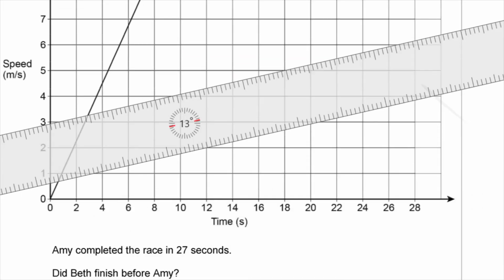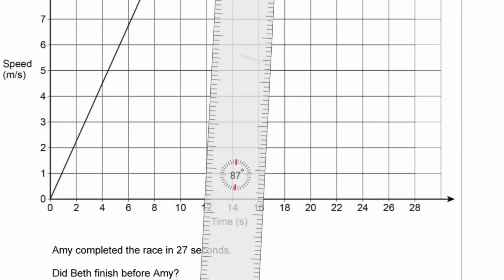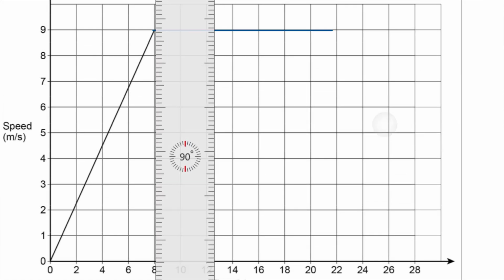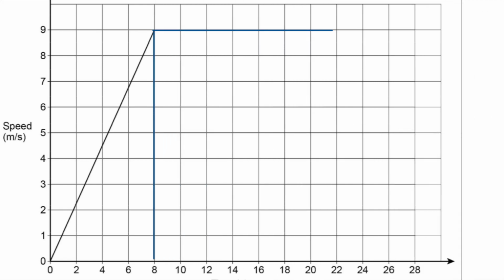Now we know that the area is the distance under the graph. So if I just draw a line there and work out the area that she covered in the first part of the course where she was accelerating. So that is a triangle. So the area under the graph is going to be a triangle of base 8 and height 9. So half base times height is going to be a half of 8 times 9.